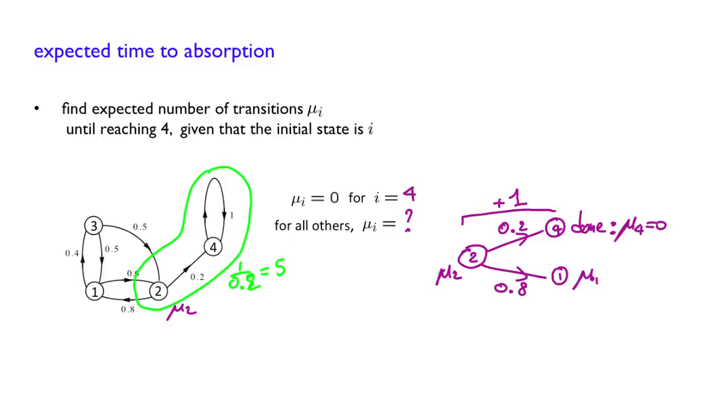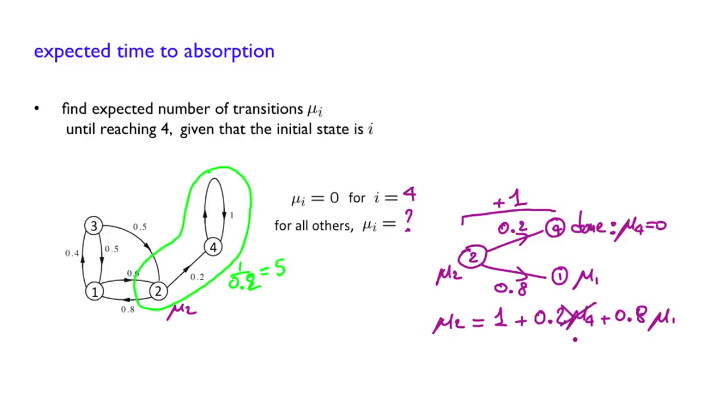And now you can use the total expectation theorem to put all of these things together, which means that mu2 will be 1. You have one transition, and then after you do that transition, with probability 0.2, you know that you're going to be in 4, and the expected value then will be mu4, plus 0.8, which is the probability that you end up in state 1, and conditioned on that, the remaining expected iterations until reaching 4 will be mu1.